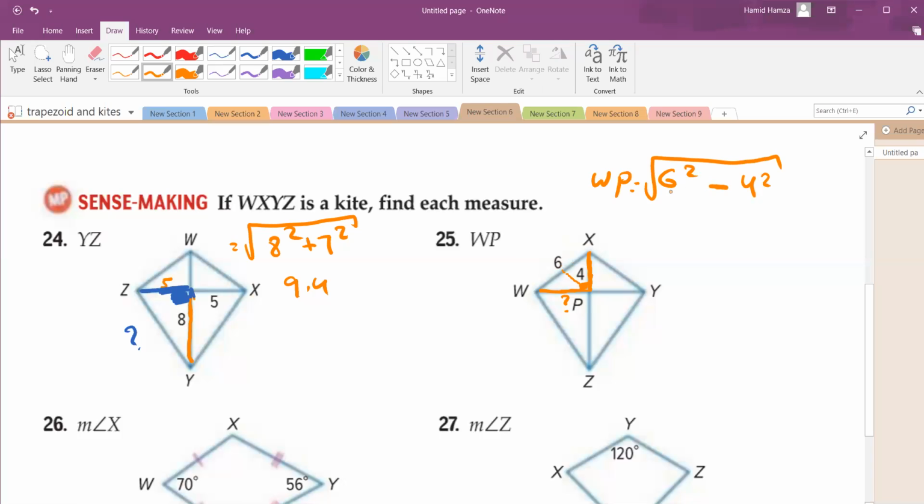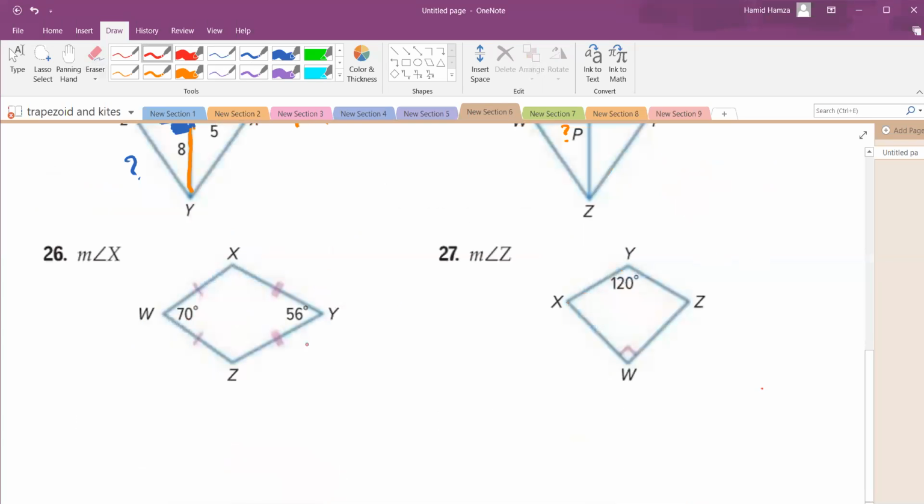Guys, don't start with the smaller one. With subtracting, you should start with the greater, so 6 squared minus 4 squared. What is the answer, guys? 4.4. Bravo, Ali.